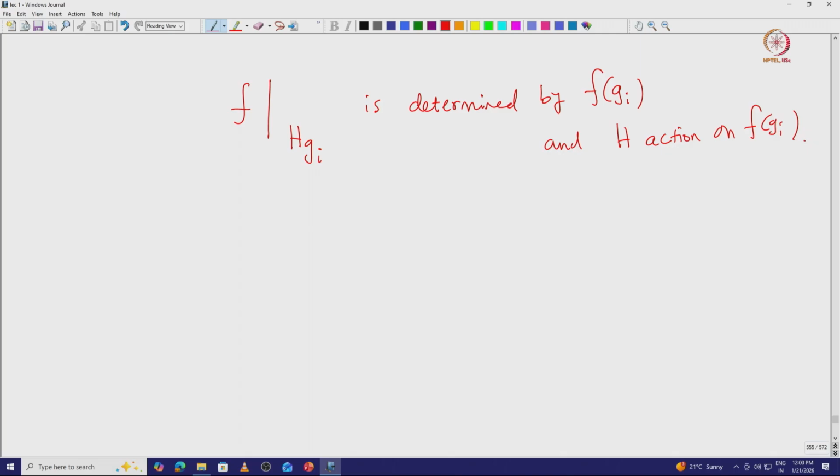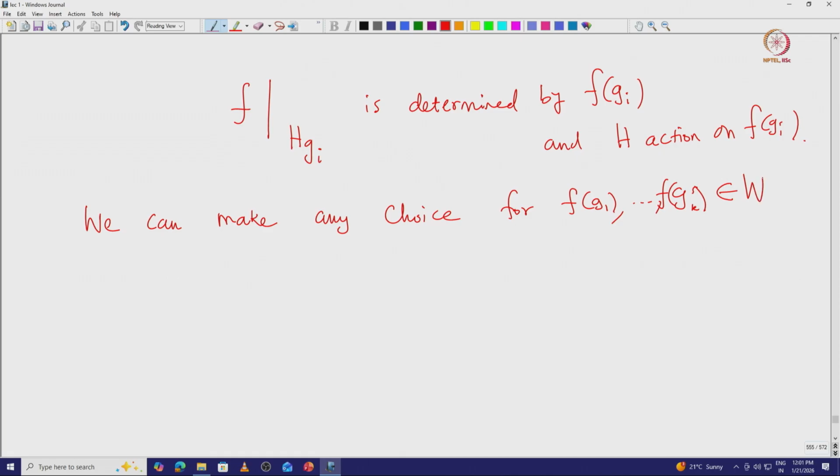So, in particular we are allowed to make any choice for f of g1 etc., f of gk, and the rest of the function will be determined uniquely on G using the action of H on W. Okay. So, we can make any choice for f of g1 etc., f of gk. Those are going to be W valued elements.